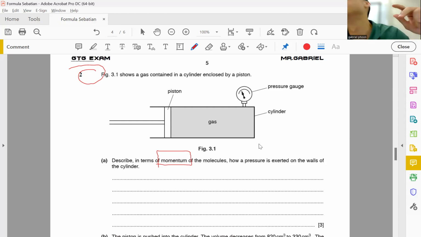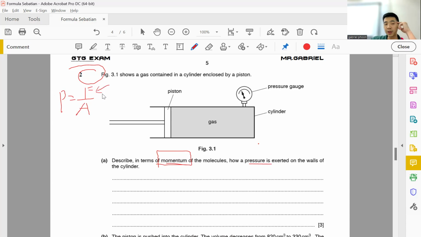Hey, you guys are supposed to remember this. The only way to relate momentum and pressure, you ask yourself, pressure, what formula is it? Pressure is equal to force over area, right?